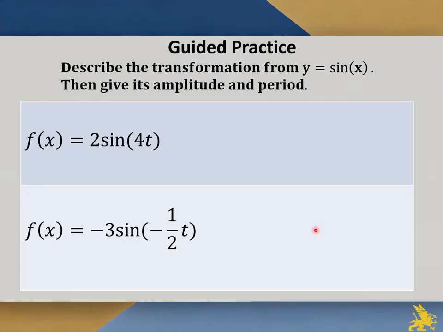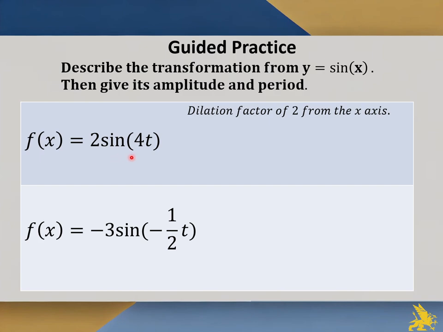Let's describe the transformation that is occurring in both of these, then look when we identify the amplitude and period. So the first thing we need to think about is dilation. What dilation do I have? I've got a dilation factor of 2 from the x-axis, so this is stretching away from the x-axis.